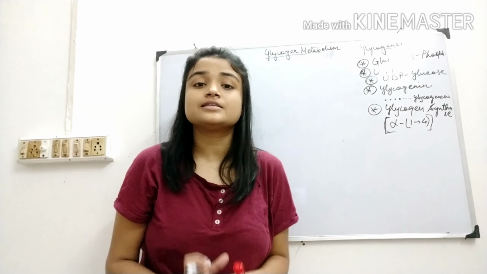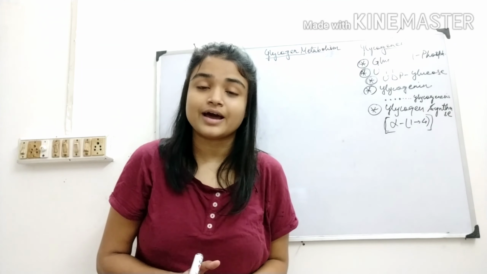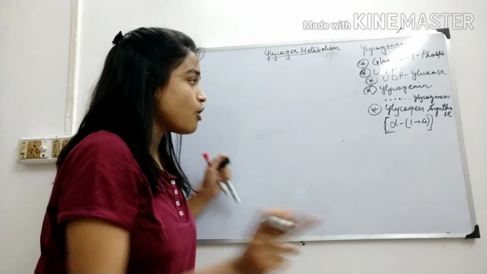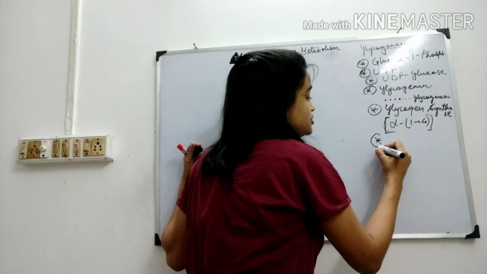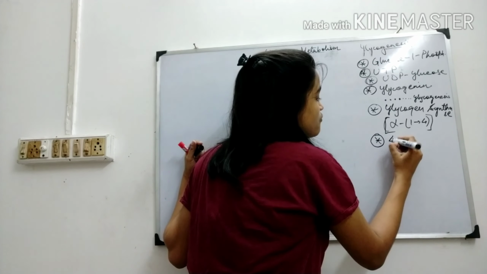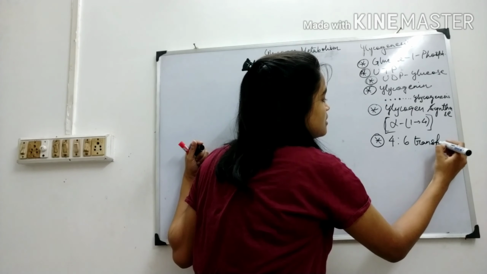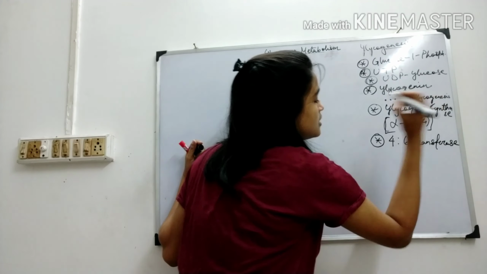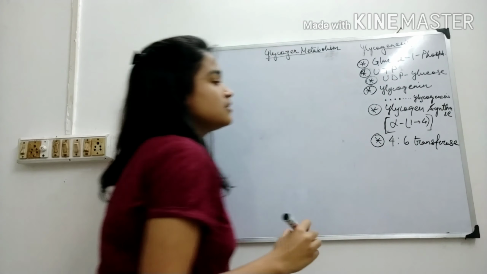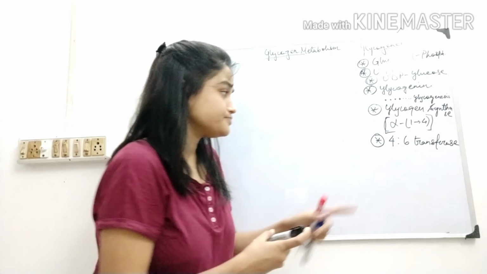But glycogen is a branched chain polysaccharide. So branches must be formed, and that is done by the branching enzyme, that is 4:6 transferase, amylo alpha 1,4 alpha 1,6 transglucosylase.